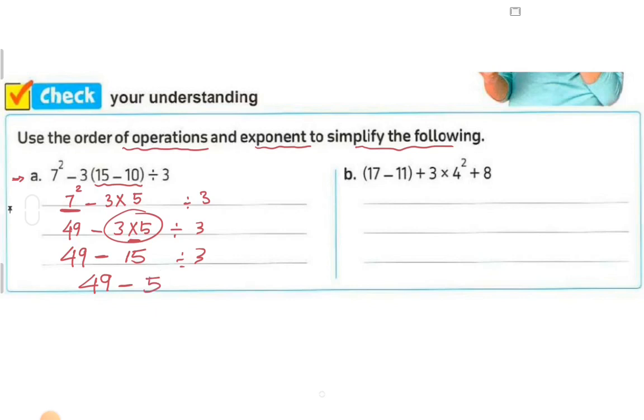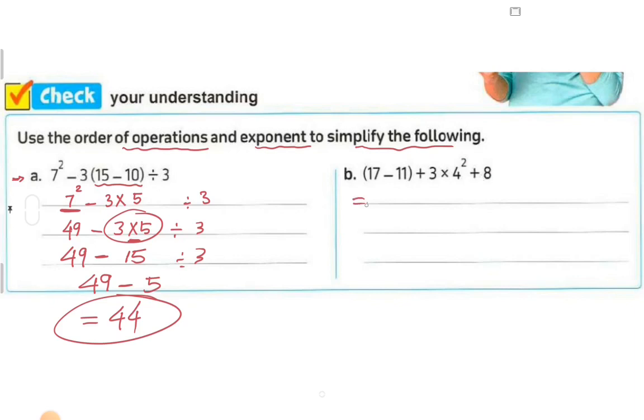Just 5, because 5 by 3 equals 15. The last one, 49 minus 5 equals 44. And this is the final simplified result of our expression.